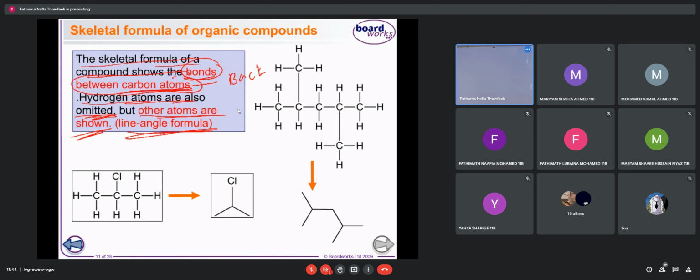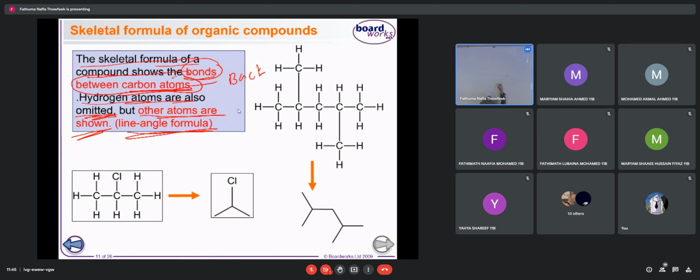Right, okay, so we'll see how we can do that one. It is kind of interesting. We'll go with C3H7. First I'm drawing the displayed formula. Three carbons.